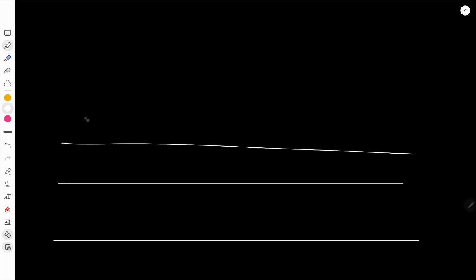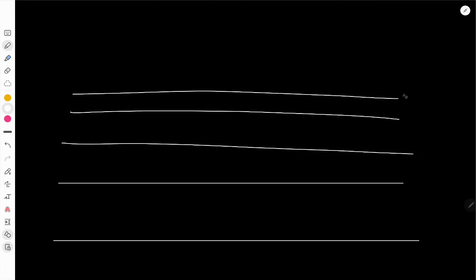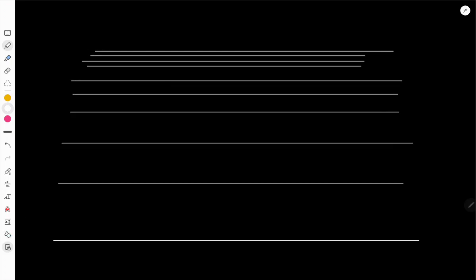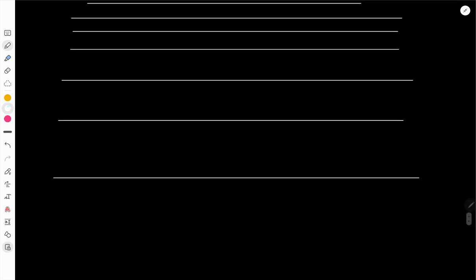And now let us see the graph. If we put in the values and start drawing an energy level diagram, then it goes something like this. This is our ground state. This is our first excited state.